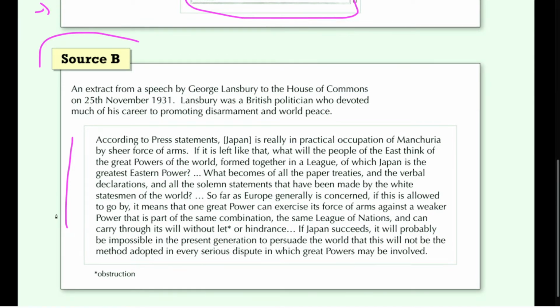It's just a part of that. And follow me. According to the press statements, Japan is really in practical occupation of Manchuria. I mean, they are really there. Okay, so this is the meaning here. And by sheer force of arms. So, in practical occupation of Manchuria by sheer force of arms.